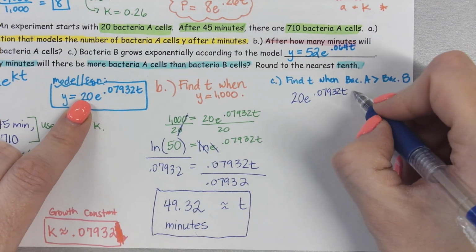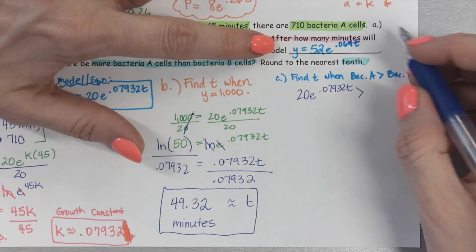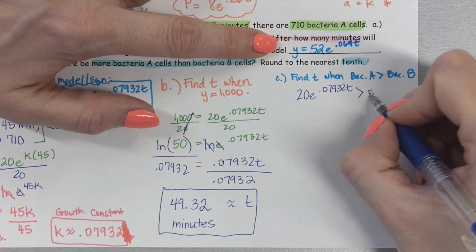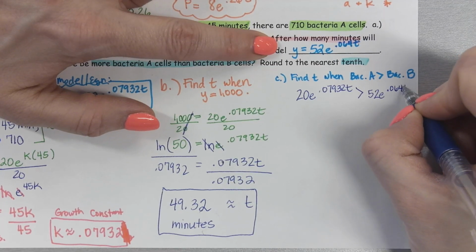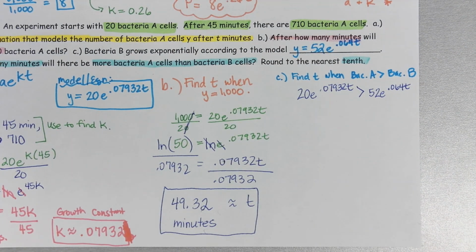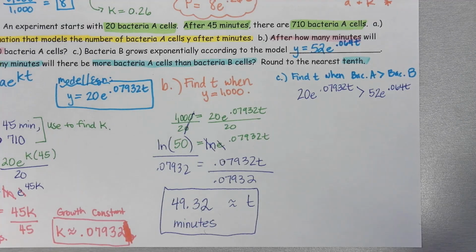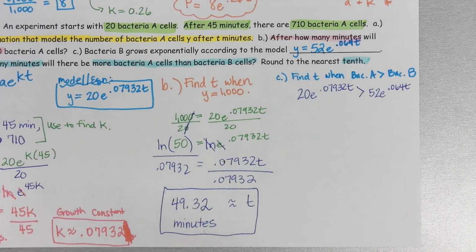And I want to find t when that value is greater than bacteria B, which is 52e to the 0.064t. Okay, so we have an inequality here.